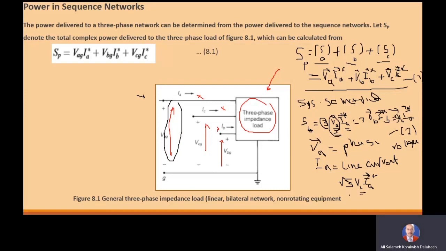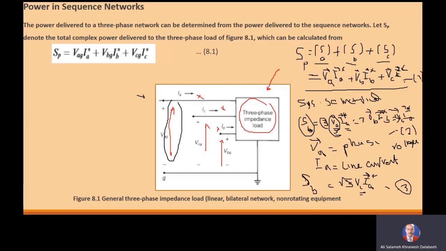If it is a line-to-line voltage, we calculate the apparent power using this formula. If you use the phase voltage, then you should calculate using this formula.